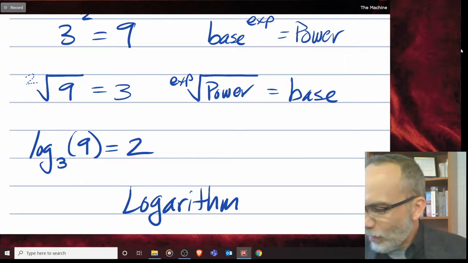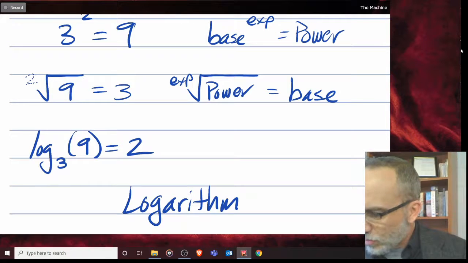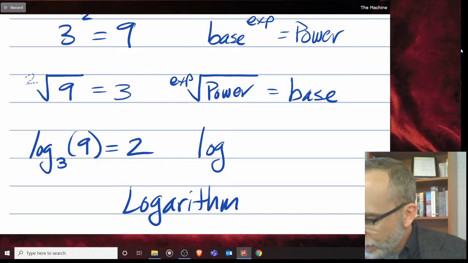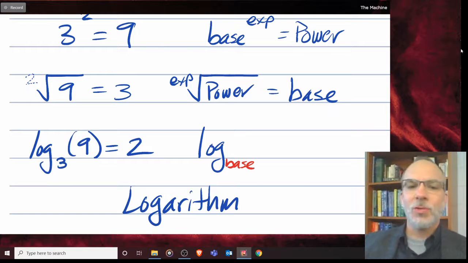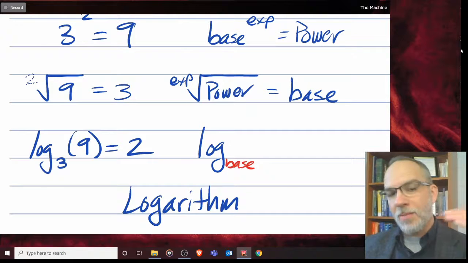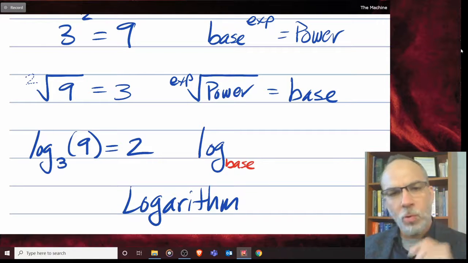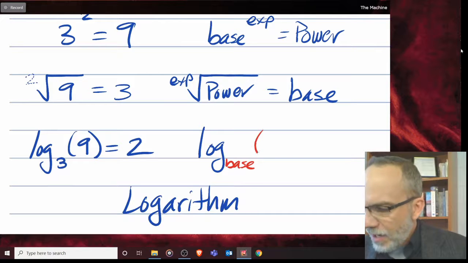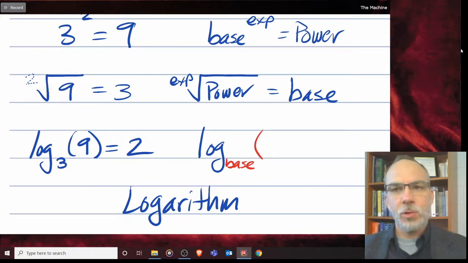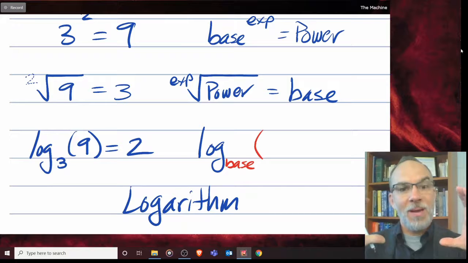Okay, so it looks like this if we're going to spell it out in words. Log, and then the base is written as a subscript. That's why I wanted you to have lined paper. It needs to be written below the line. And then I always use parentheses to contain my power.